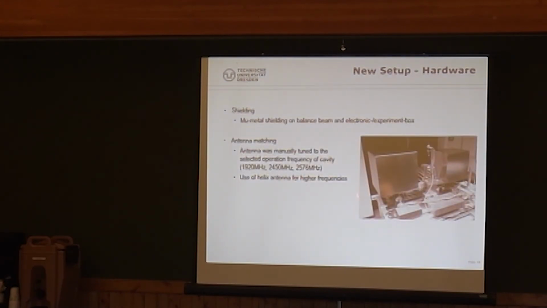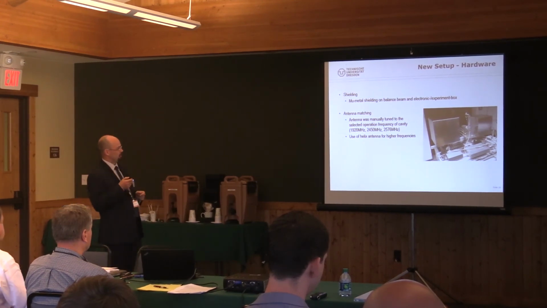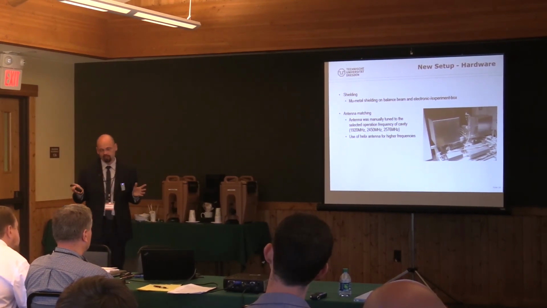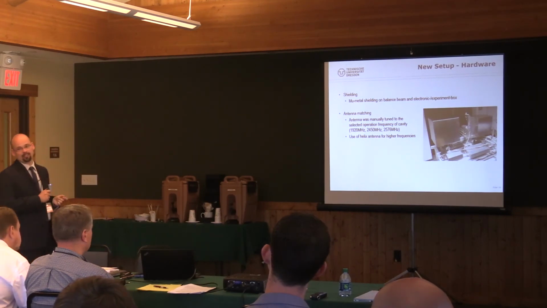As I already said, we are using our mu metal shielded boxes, and I'm now manually tuning our emitting antennas inside the cavity to the wished frequencies we are using as the resonance frequencies for our cavity in the measurement runs. So now our emitter antennas are really matched to the resonance frequencies of our cavity. I have to mention that we are using a loop antenna, as we did in our last experiments, but now also helix antennas.